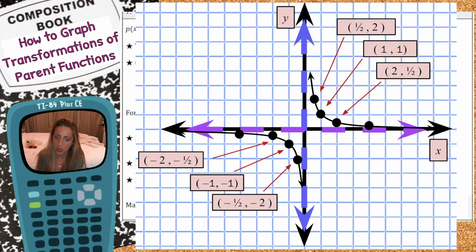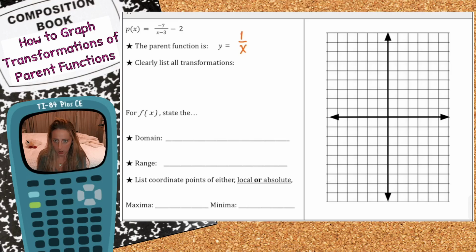Okay, so now let's get going. Clearly list all transformations. We have right 3, down 2.